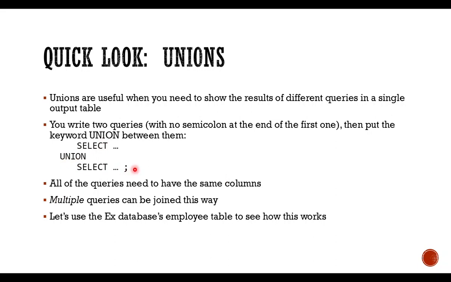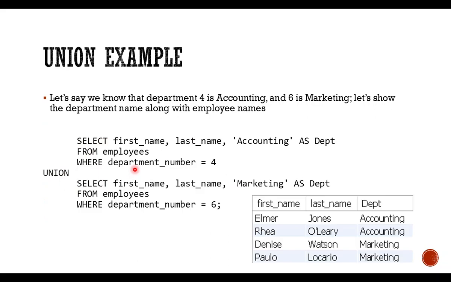All right, so an example of this would be, I want to see the first name and the last name, and then I want to see the word accounting, right? I want to see first name, last name, and the word accounting shown with a column header of department from the employees where department number equals 4. So we know accounting is department 4, so here we go. Here's some people from accounting, right? But then we do another query where we're pulling people from department 6, and we know department 6 is marketing.